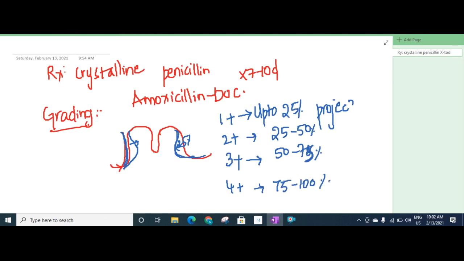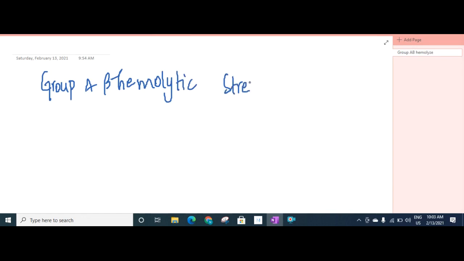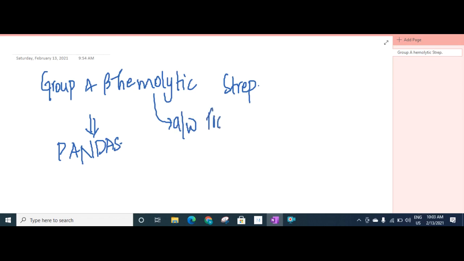Sometimes tonsillitis is also associated with group A beta hemolytic streptococci. This association is given a name, PANDAS, because tonsillitis infection due to beta hemolytic streptococci is associated with tics and obsessive compulsive disorder.